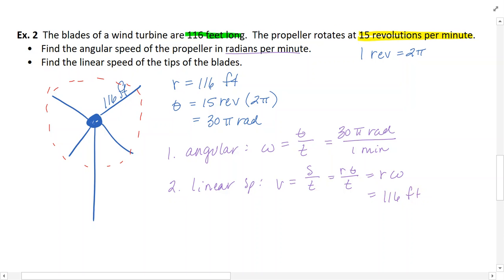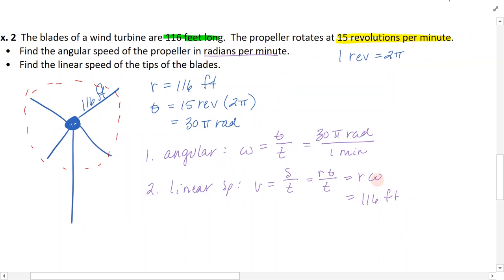I'm going to multiply that by omega, which we said was 30 pi radians per 1 minute.